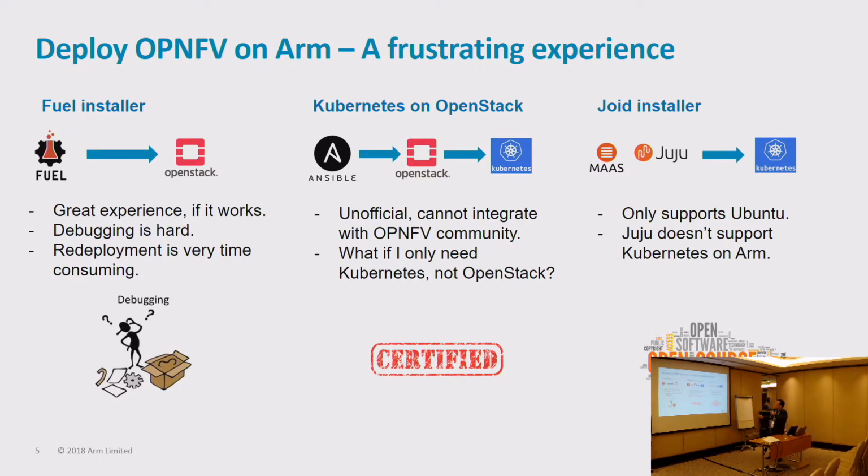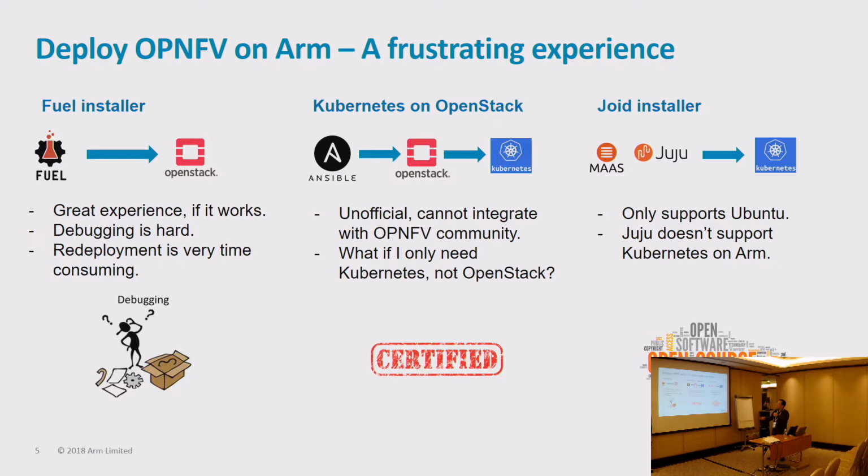Second, we moved to our own Ansible-based scripts to deploy OpenStack. Then above OpenStack, we use standard OpenStack projects like Ironic and other projects to spawn a Kubernetes cluster. It works, and because we designed it ourselves, it's easy to debug and works smoothly.